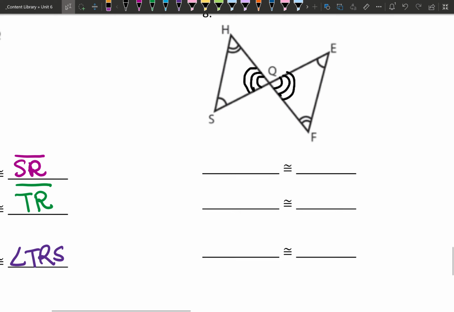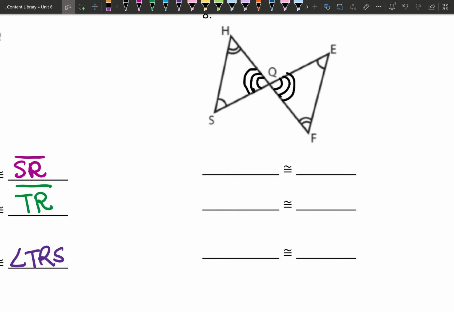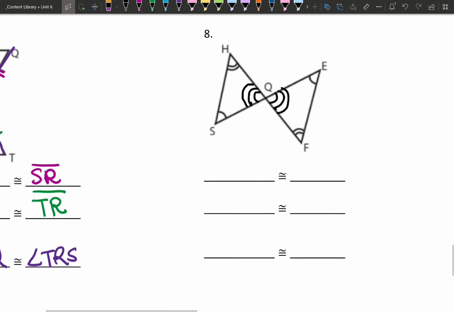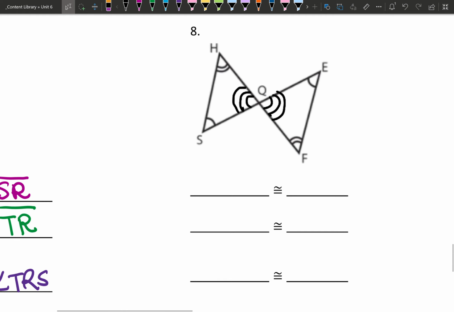Now let's take a look at number 8. Okay. Whoa, this is just a bunch of angles. Well, let's start with the single arch. Now the single arch is on letter S. Letter S can be just angle S, and it matches with angle E. Take a moment and see, can you write the 3 letters that can represent each angle, just to practice.